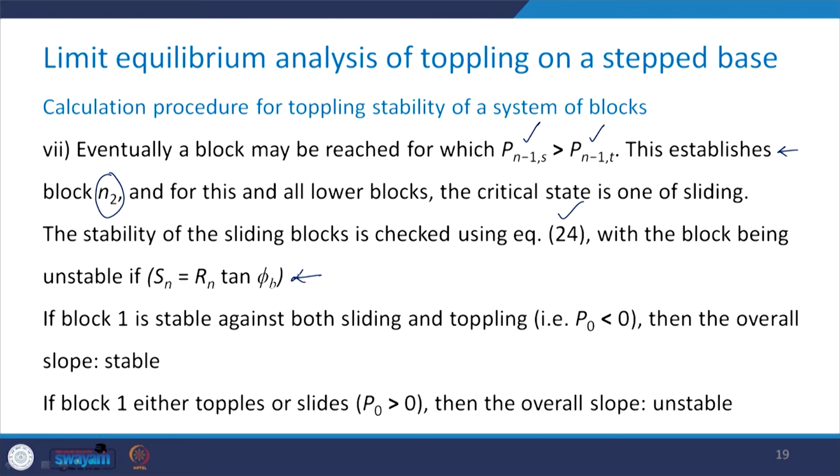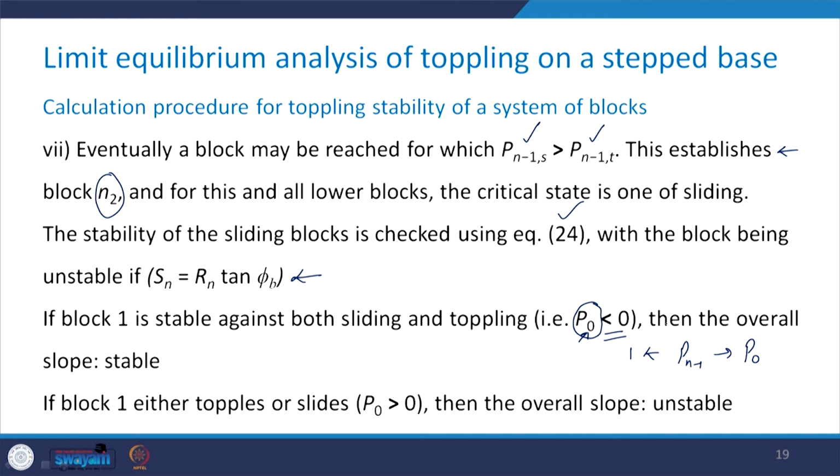Now, if block 1, which is the lowermost block near the toe of the slope, is stable against both sliding and toppling, that is P0. Why are we getting this P0? Because it is block number 1, and for block number 1, Pn minus 1 will be P0. So, if P0 is less than 0, then the overall slope is going to be stable.